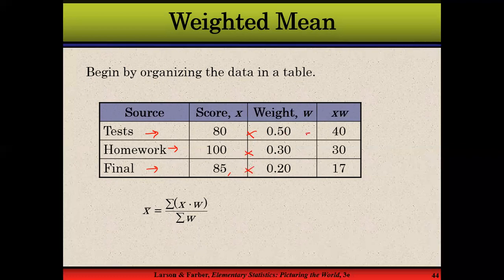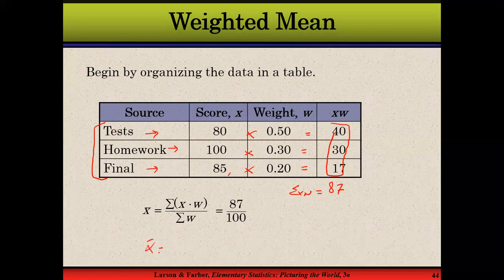After multiplying scores and their weights, we get these products. So we add these products up and we get a total of 87. Okay. So there are 87 aggregate marks that the student has got out of these three different assessments. So let's calculate the average now.